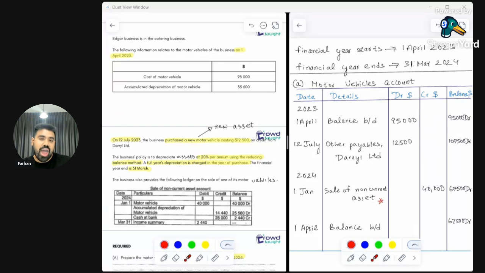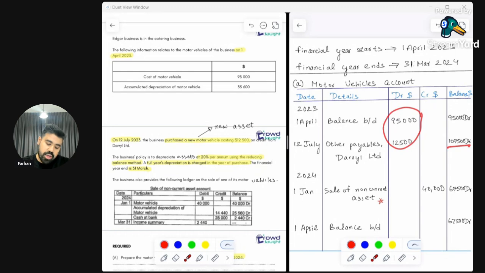But when you buy assets on credit, that's when other payables come into play. So that's why we're writing other payables, and to be specific, we're writing other payables for Daryl Limited, okay? And that gives us a final balance of $107,500 debit because we only have debit entries so far, which are added together to give us $107,500 debit, okay?